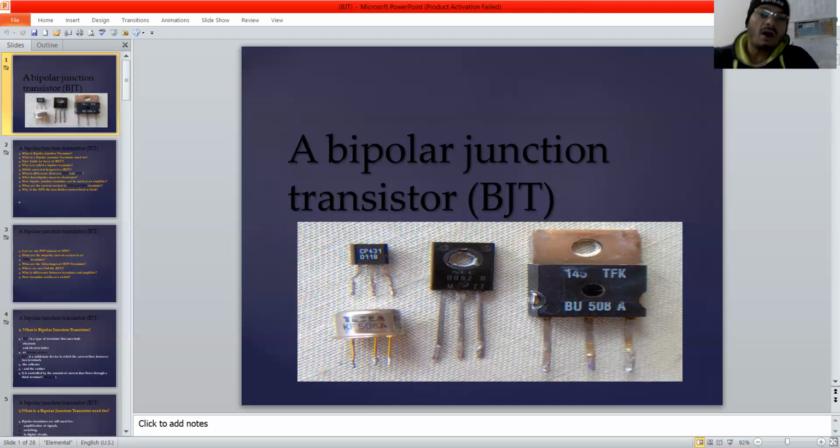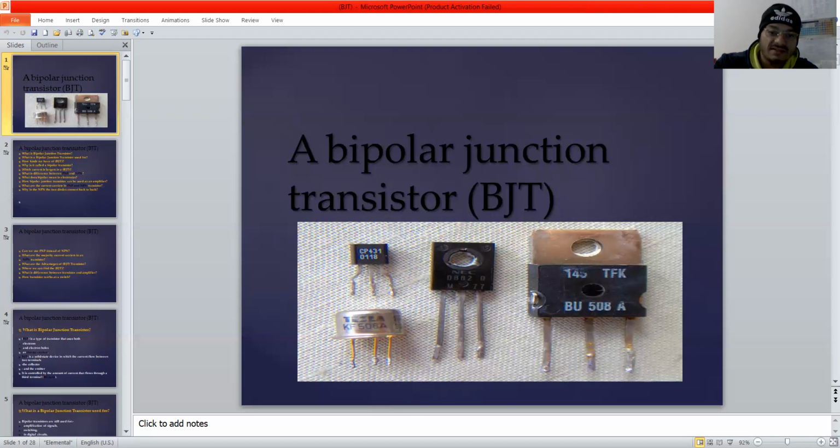Now, what about when we use PNP instead of NPN, and why? Generally, we can use it because of the huge similarity between them. The PNP transistor can replace NPN transistors in most electronic circuits, which means not in all electronic circuits.